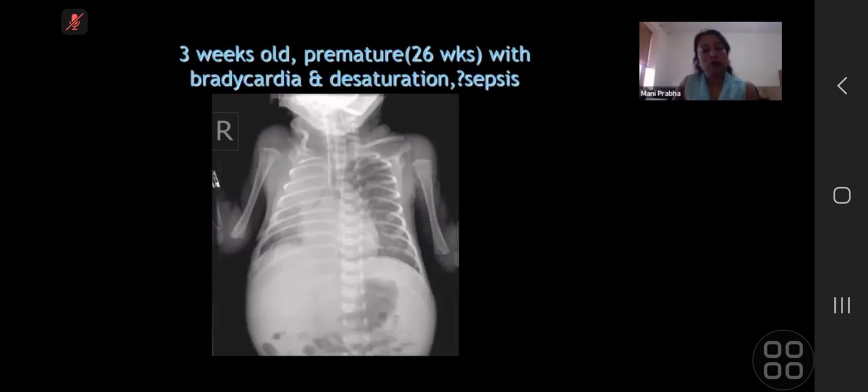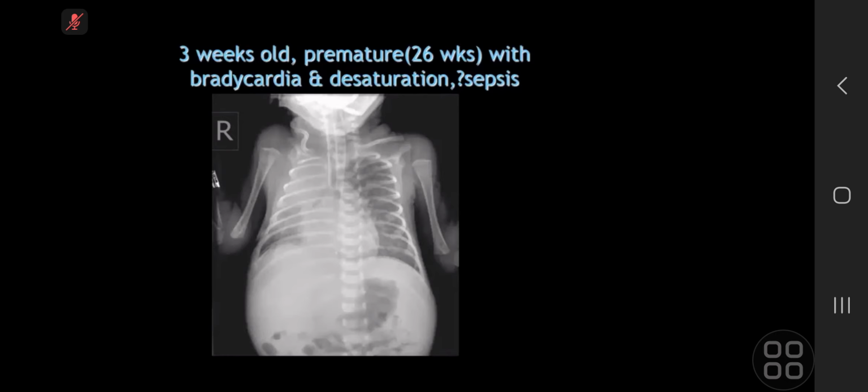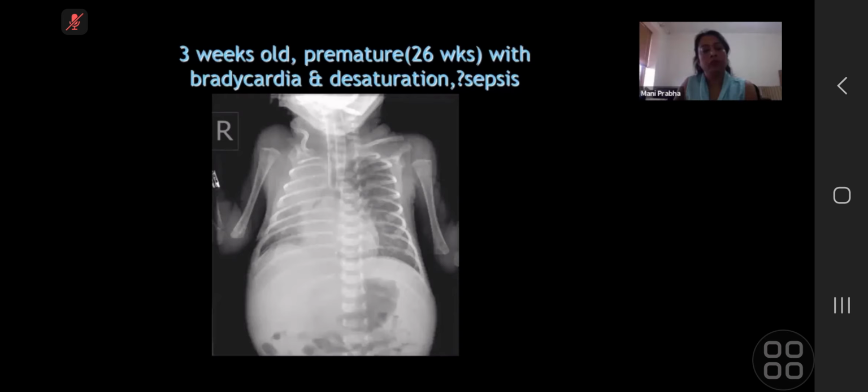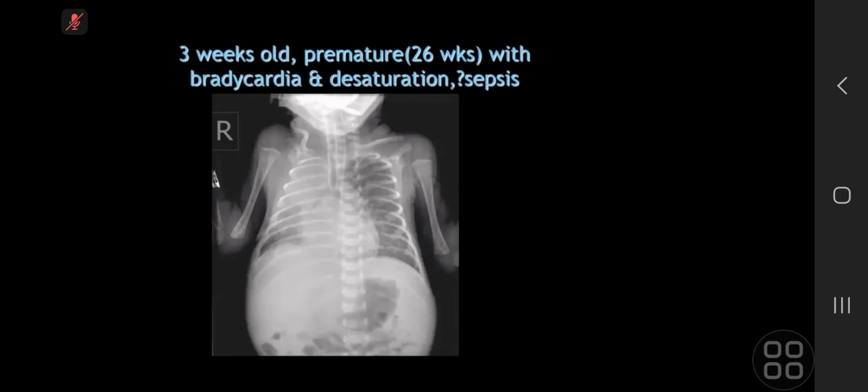Okay, next one for you. Okay, so a 3-week-old premature with bradycardia, desaturation, sepsis. That's the frontal projection of a neonate, as I can't see any humeral ossification center. So I can see there is opacification of the right upper lobe, and there is decrease in the lung volume on the right side, while the left lung is normal to me.